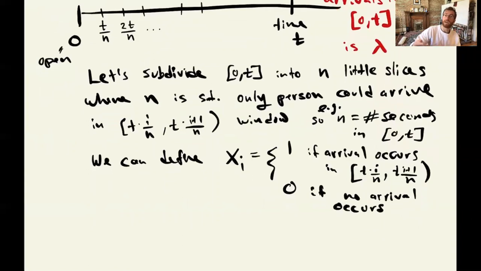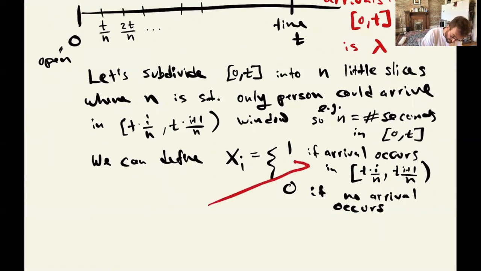This is getting at the idea that the number of customers that will arrive in my window of time t, I can think of as just the sum of these IID Bernoulli random variables. So this actually ends up looking like a binomial. So let's first of all figure out what is the probability of such an arrival.